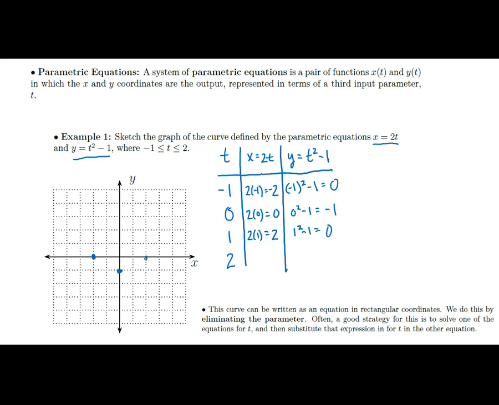So that puts us at this point here. And then finally, for our largest t value, t equals 2, x equals 4, and y equals 3. So that puts us right here. And you can probably get a pretty good idea of what's happening here.